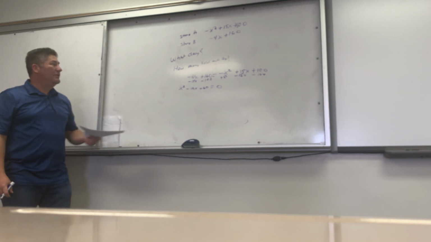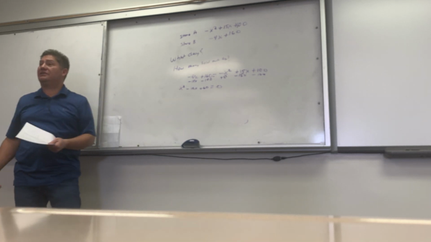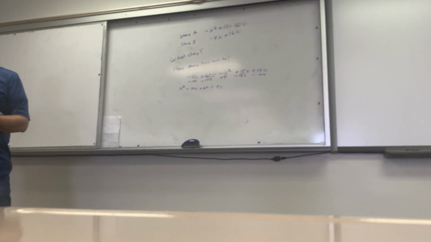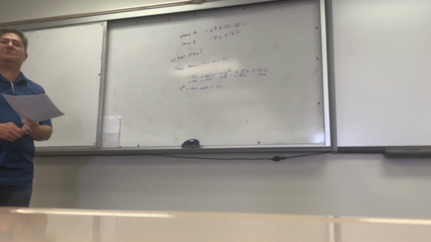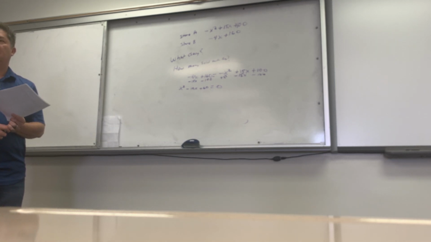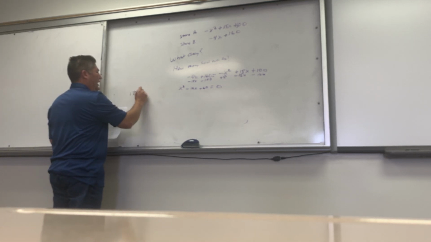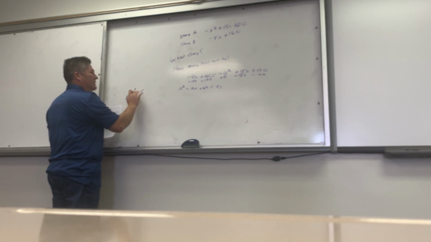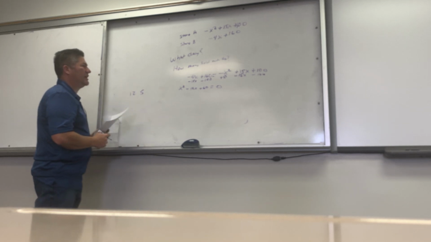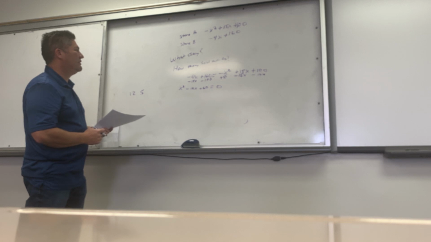Okay, now, what times to be 60 and adds to be 19? This might be easy. What times to be 60 and adds to be 19? 6 and 10? Nope. But what else? 12 and 5. Is that 19? Nope. Wait, did I do the 19 right? Yeah, that's right.